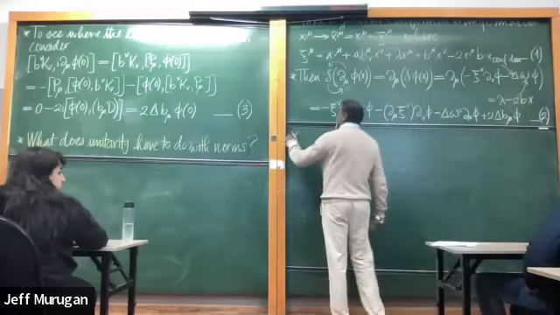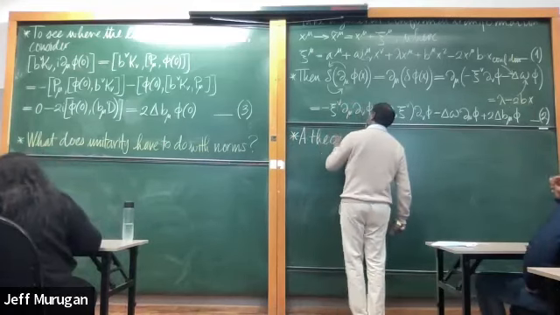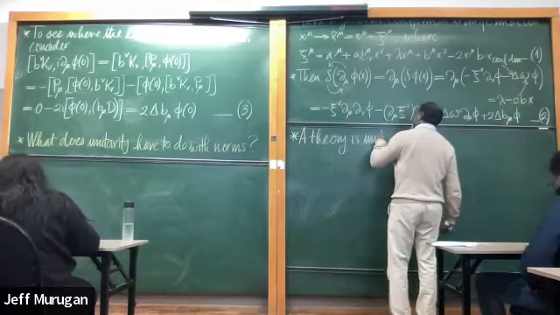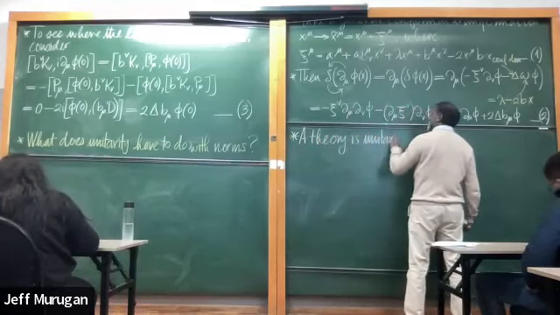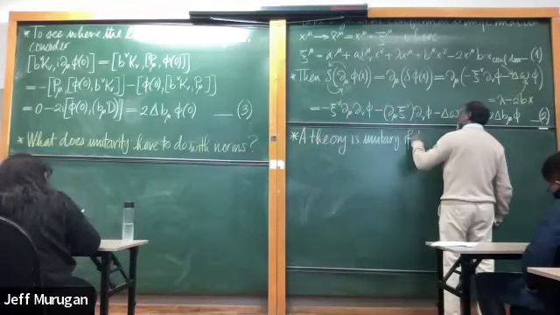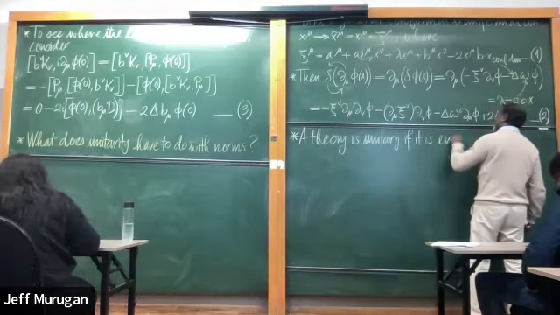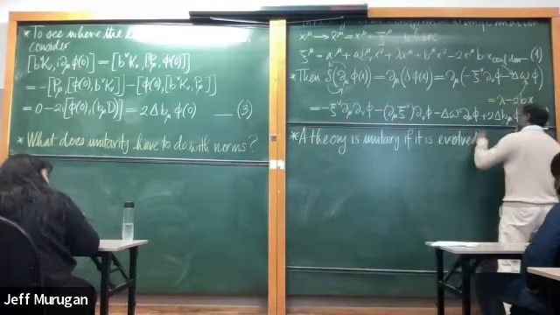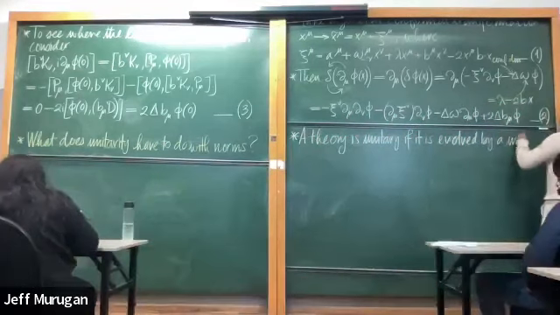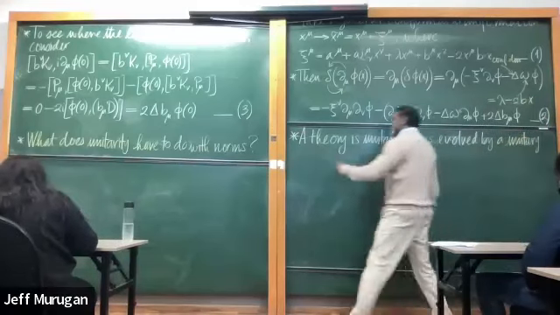So a theory, by which I will always mean a quantum theory, is unitary if it is evolved by a unitary time evolution operator.